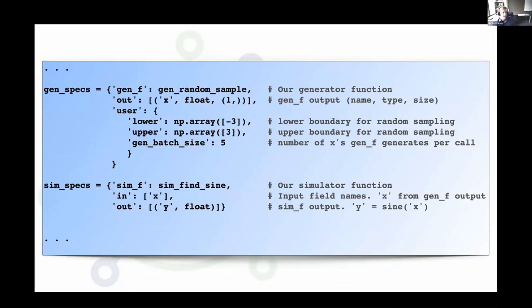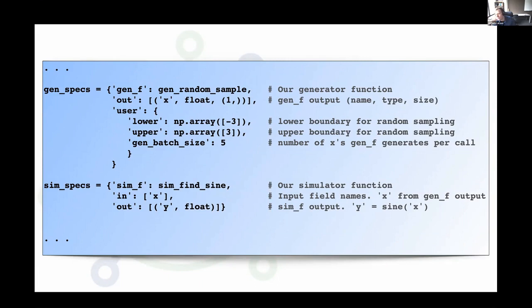And yes, so if you say I have a sim or a gen, you have the gen_specs user field that we pass in. So if you have your own fields, like some upper and lower bounds you want to sample over in your gen, or maybe your sim has some parameters that you don't want to hard code in your call to your simulation, then you would have a sim_specs user field.